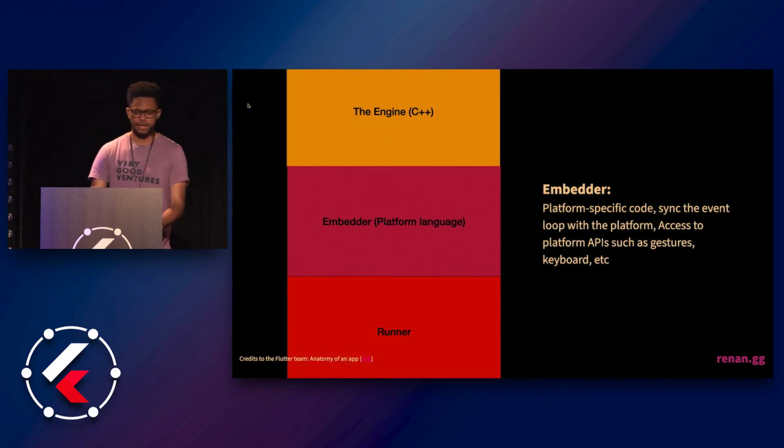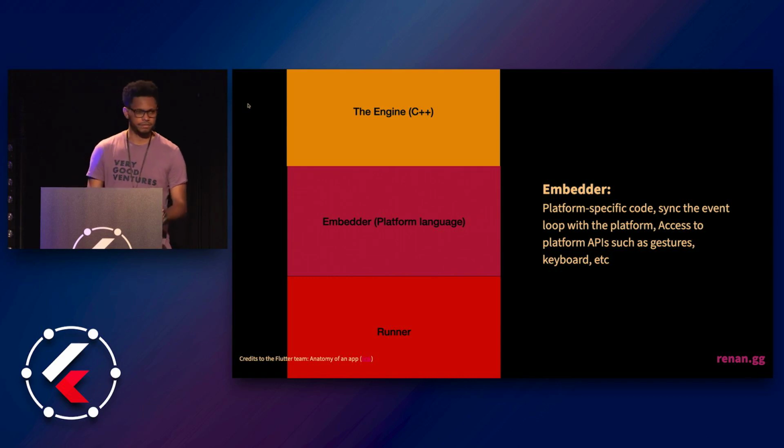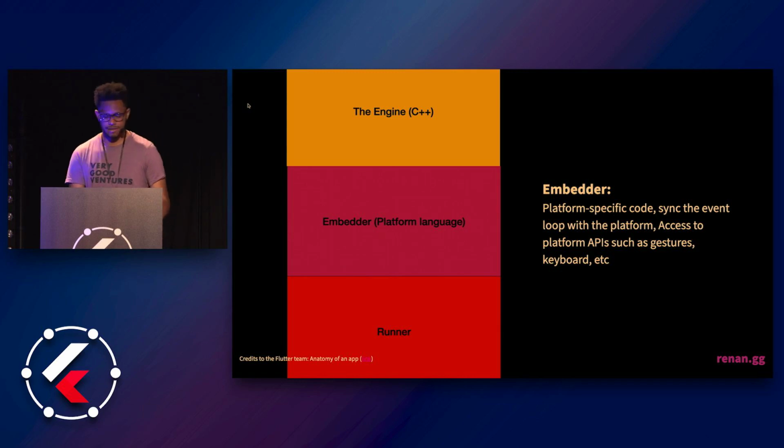This part is the thing that connects Flutter to the platform. So this is where we have access to the platform's gesture engine, for example. So this is the embedder. It's specific to the platform. So for example, on iOS and Darwin, actually it's Objective-C. And Windows, for example, is C++.